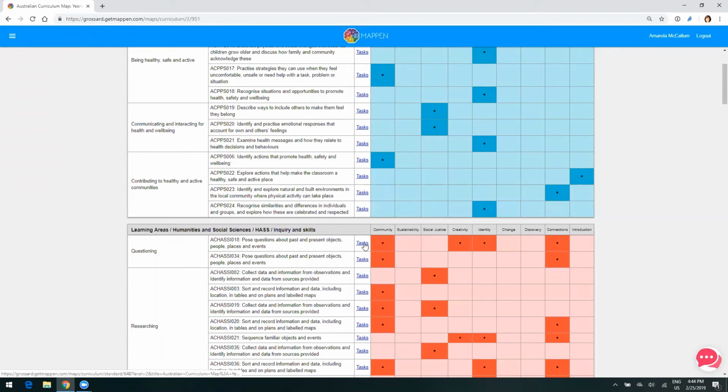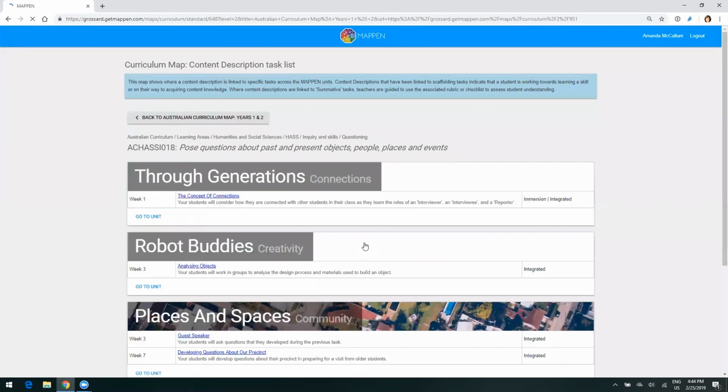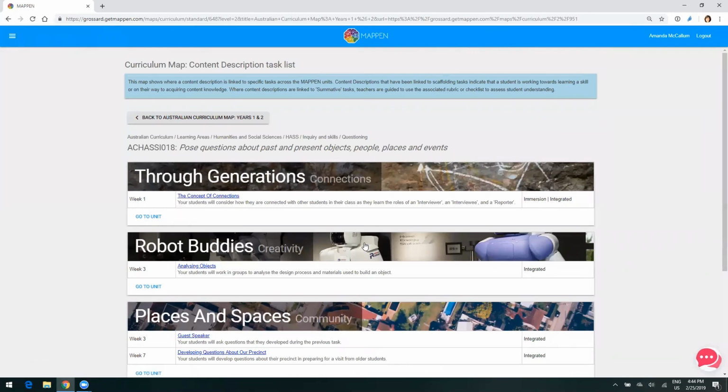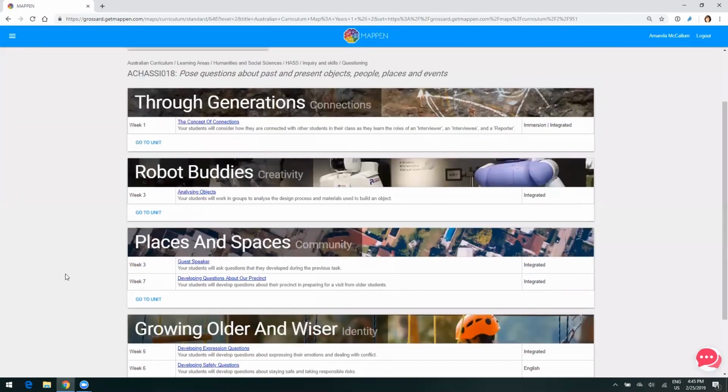If I want to see how that happens, I click on the word tasks, and that will take me to every task that in any way, shape or form addresses part or all of that content description. So that's there for you as another resource.